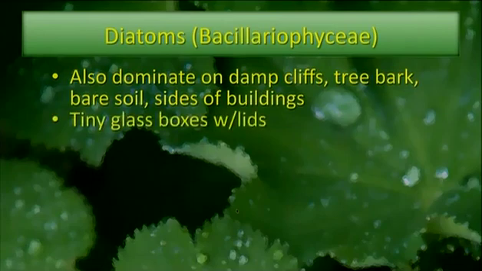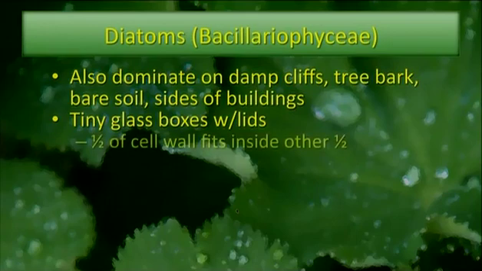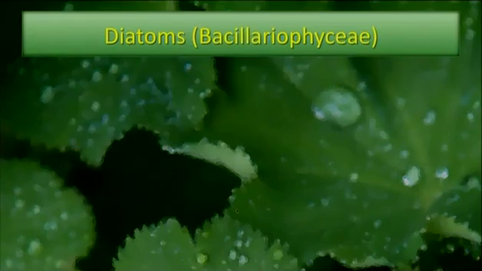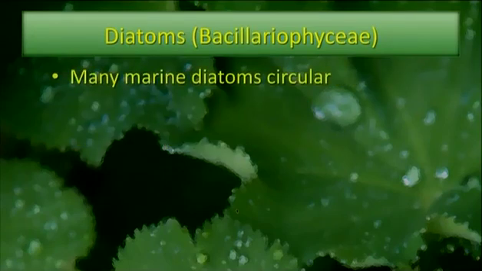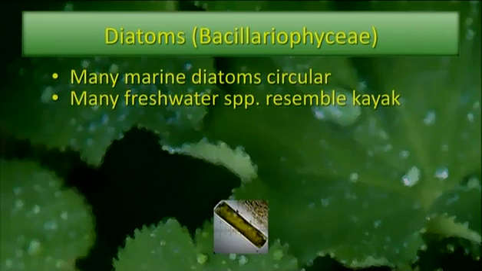They also dominate on damp cliffs, tree bark, bare soil, and sides of buildings. They're like tiny glass boxes with lids. Half of the cell wall fits inside the other half, like a box inside another box. Many marine diatoms are circular if you look at them from the top, and many freshwater species resemble a kayak.